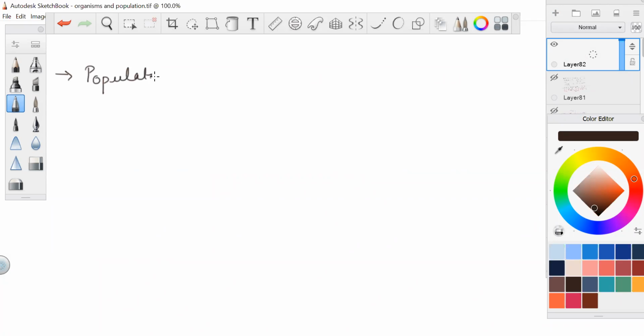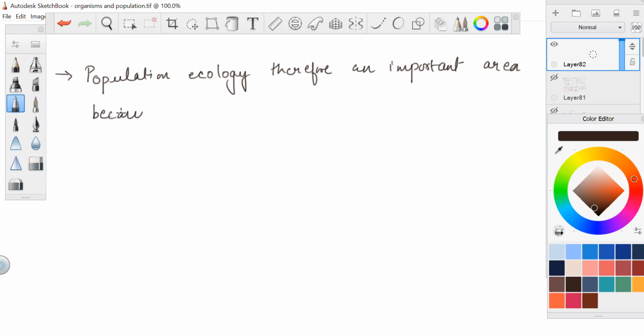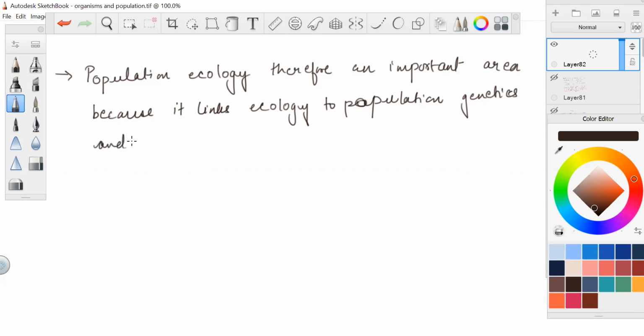Population ecology is therefore an important area because it links ecology to population genetics and evolution.